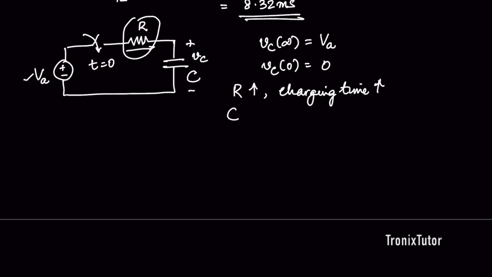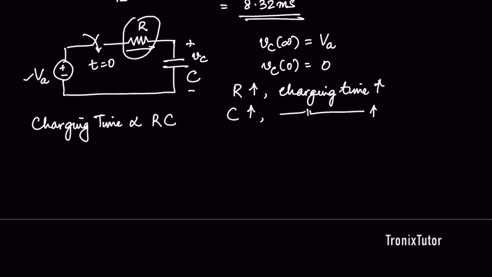Similarly, if my capacitance increases, again I need to dump in more charge, so my charging time is also going to increase. So in this case, you see a similar phenomenon: the charging time is going to be proportional to both the R and the C of the circuit. Right? And again you see that this would be the time constant of the circuit which we care about.